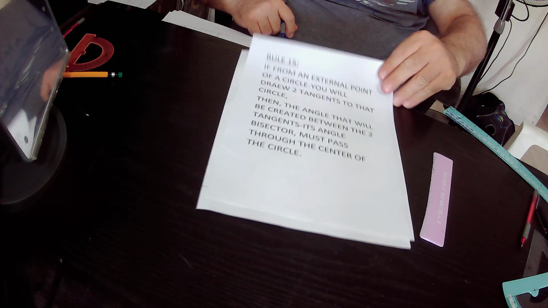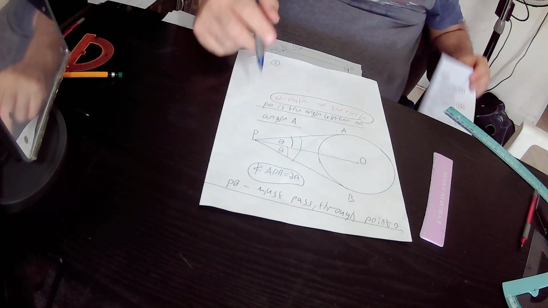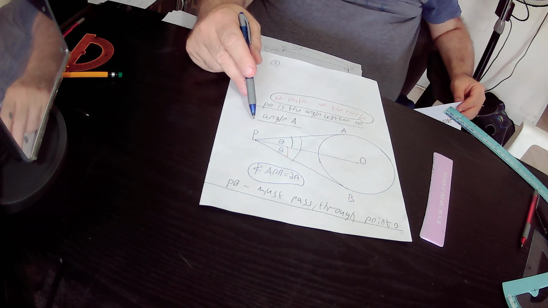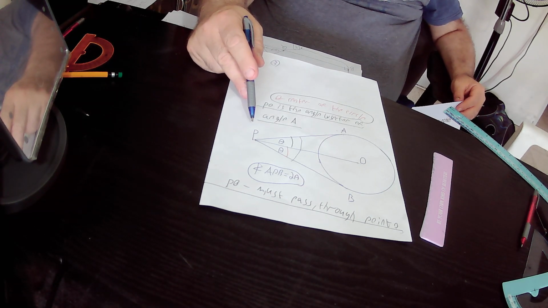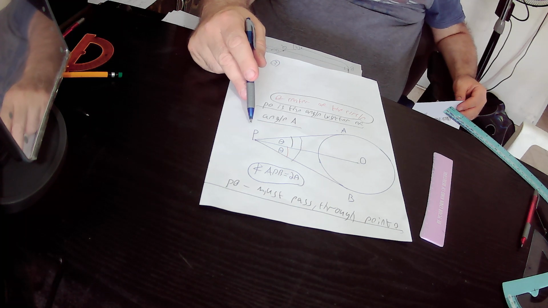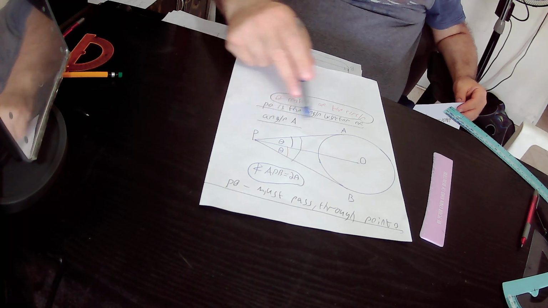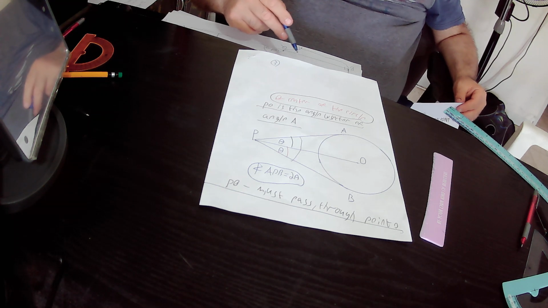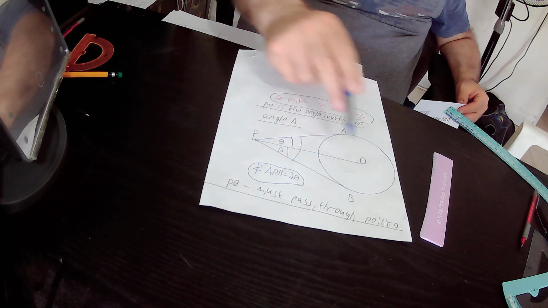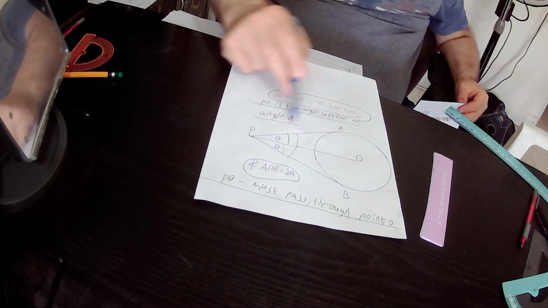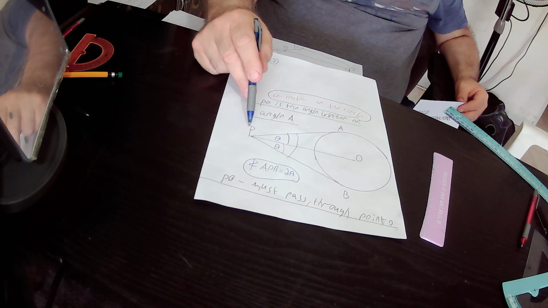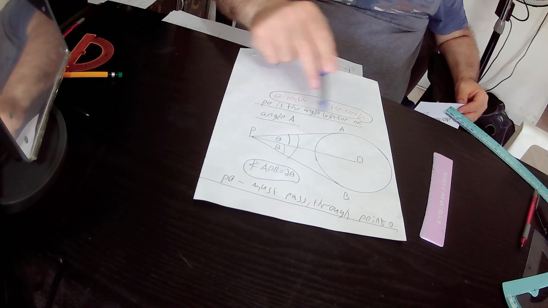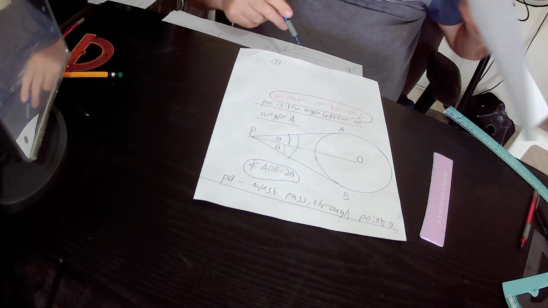So here, this is the common external point P. From this common external point P, we draw two tangents to this circle, tangent PA and tangent PB. In this way, we created angle APB. Again, angle APB was created by drawing two tangents from this common external point P to this circle, tangent PA and tangent PB.